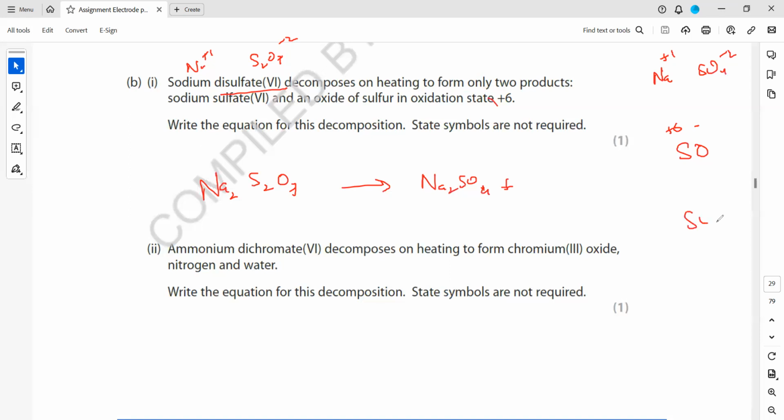We have two oxides of sulfur: sulfur dioxide, where oxygen is -4 so sulfur is +4, and sulfur trioxide, where oxygen is -6 so sulfur is +6. So it forms sulfur trioxide. This is the equation for decomposition, and it must be balanced: 2 sodium, 2 sulfur, 7 oxygen. So this equation is balanced.